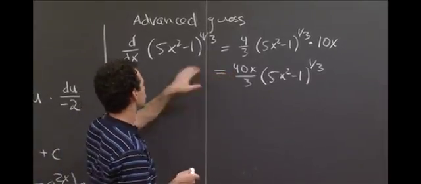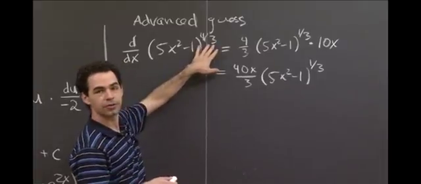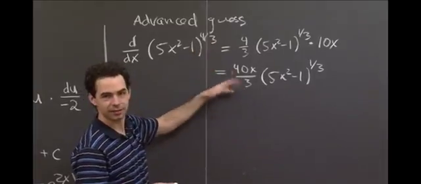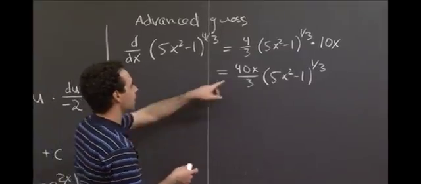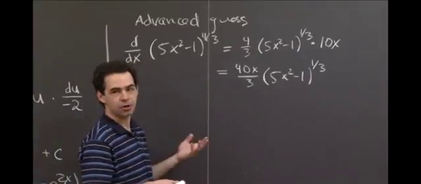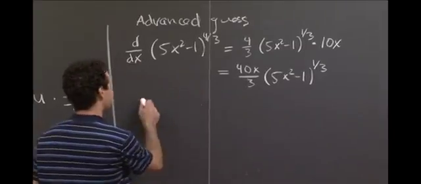And the correction is just to say, oh, instead of starting with this (5x squared minus 1) to the 4/3, I need to start with some multiple of it to make the constant work out right in the end. So in this case, I was off by a multiple of 10/3, so I need to correct by multiplying through by 3/10.